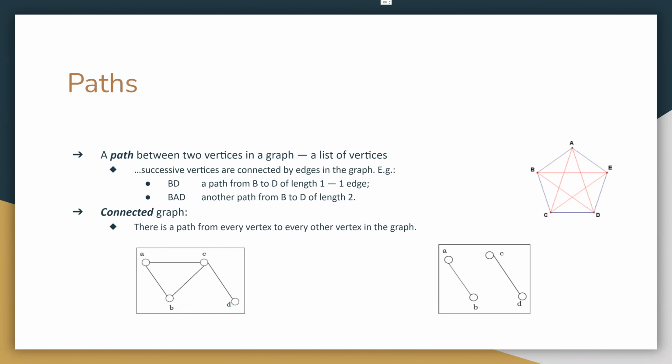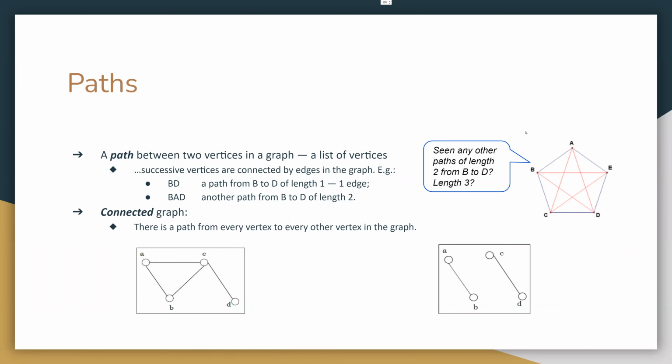But there's one from C to D. And from B to D, the length is at least 2. But you also have another one that goes from B to A to C to D that has a length of 3. So, every edge is counted as 1. That's what length means.